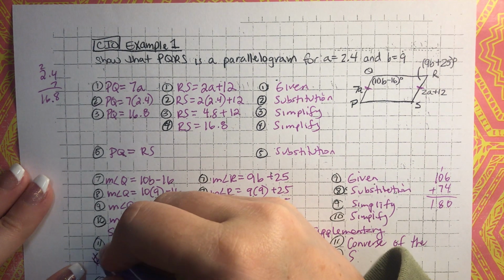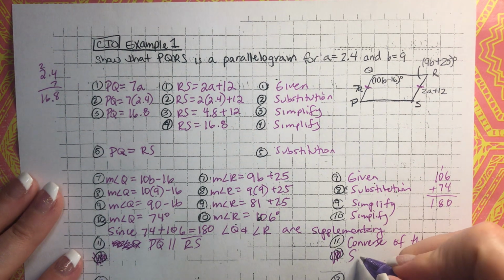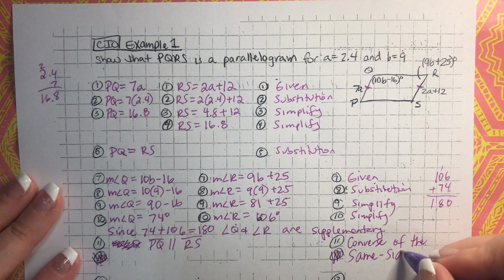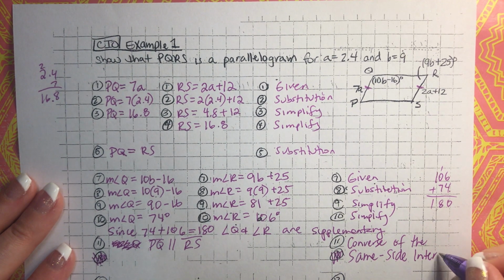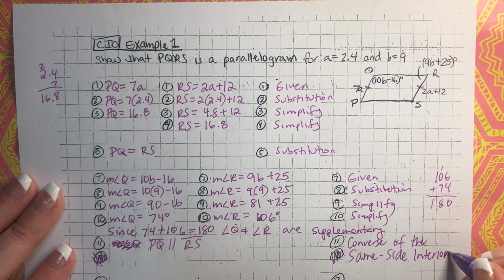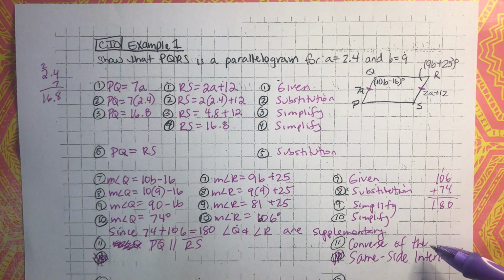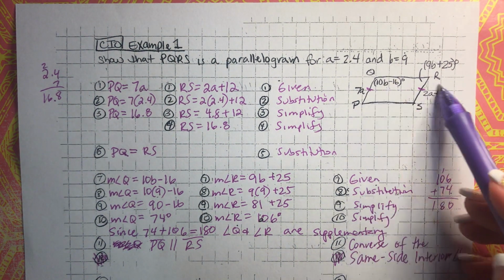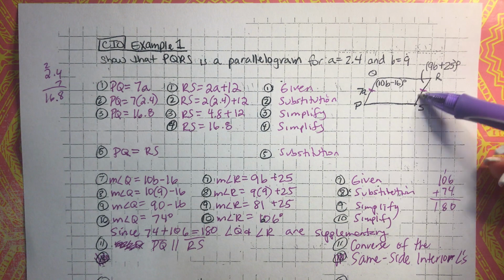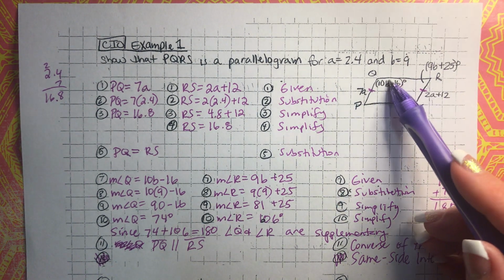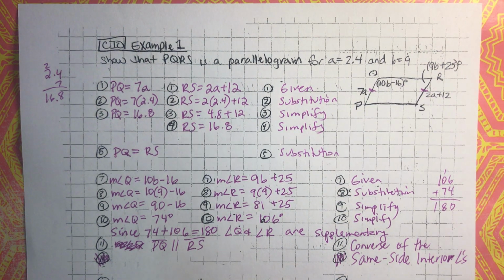Don't worry about this number here. Just don't worry about that. Same side interior angles. Do you guys remember that? The converse of the same side interior angles. Okay, so if these lines are parallel, right, and that's my transversal, these would be same side interior. Are you guys seeing what I'm throwing down here?